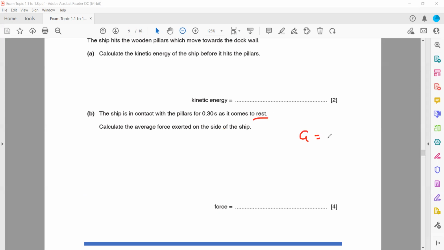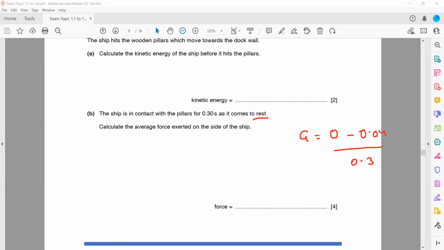So acceleration is final minus initial, which is 0 minus 0.04, divided by the time interval, which is 0.3 seconds.